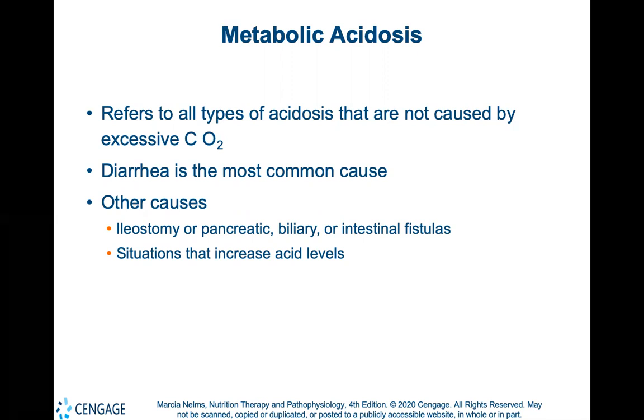Diabetic ketoacidosis, one of the most common causes, results in metabolic acidosis due to both increased production of and inability to metabolize ketones. In both starvation and chronic alcoholism, synthesis of keto acids is increased.